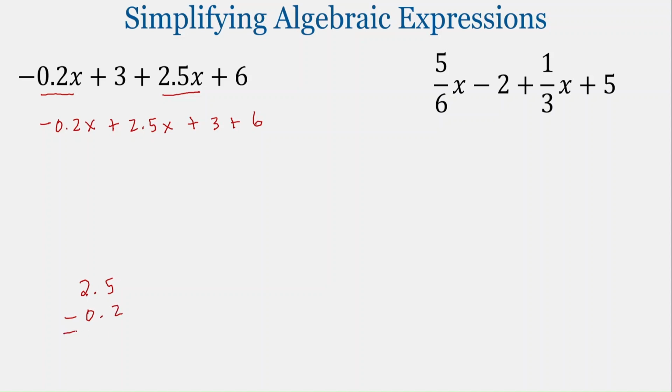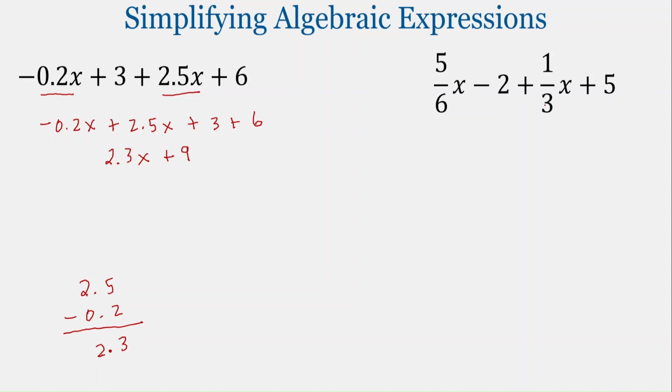Again, when we add and subtract with decimals, we make sure those decimal points are lined up. 5 minus 2 is 3. Bring down the decimal point, and then this is 2. The absolute value of 2.5 is bigger than the absolute value of 0.2, so we take the sign of the larger one, which is positive. So this is 2.3x. And then 3 plus 6 is 9.